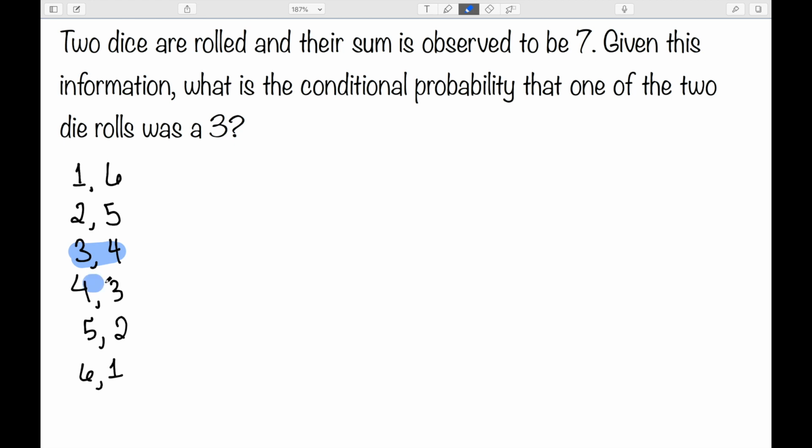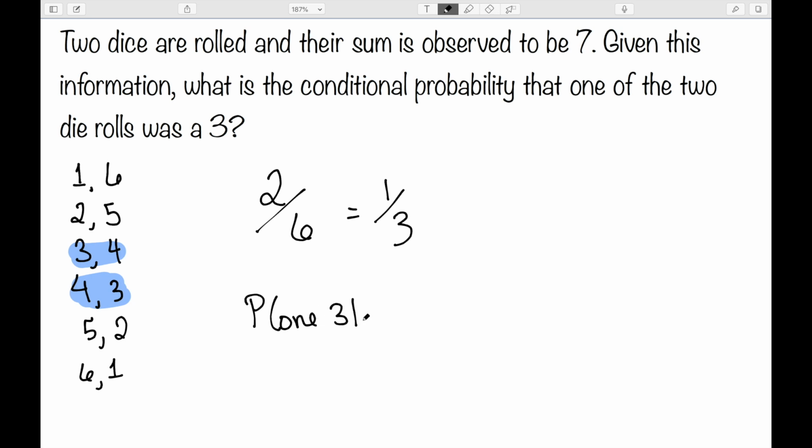We can see that two of these would give me that one of the dice was a 3, out of a total of 6 options. So 1/3. This was the probability that we had a 3 given a sum of 7.